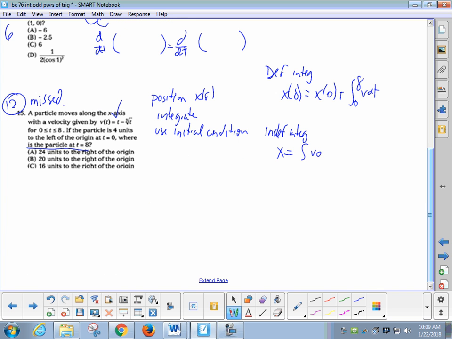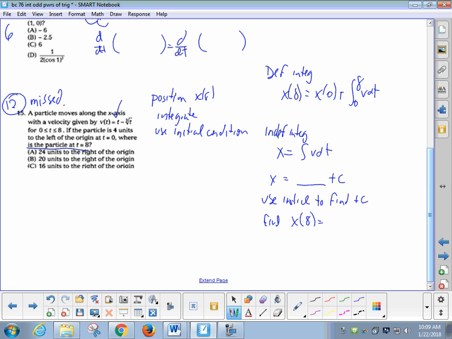I'm just going to take the antiderivative of v because it's pretty doggone easy. That would give me something plus c, and you'd use the initial condition to find the plus c. That would then give you a position rule for any points, and then you could find, now that your x is complete, you could find x at 8 or any other point.